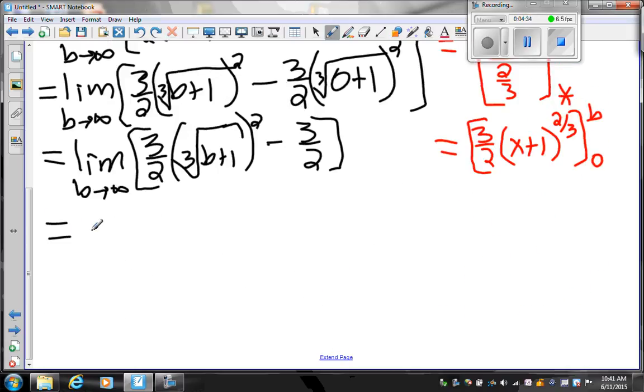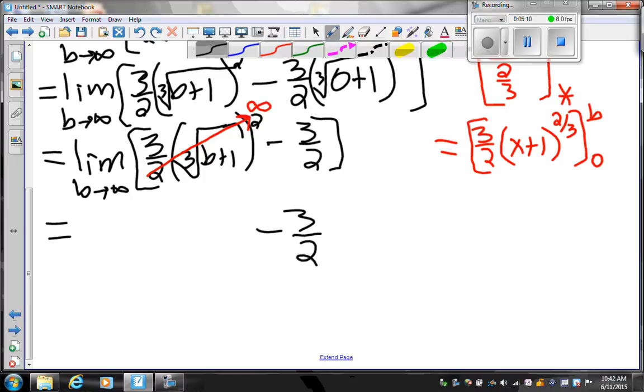Taking the limit then, of course the limit of negative 3/2 is just going to be negative 3/2. That's a constant. But the limit of this other guy, notice that as b gets larger and larger, the cube root also gets larger. And then when you square that, you get larger still. Multiplying by 3/2 is still large. So as b gets bigger and bigger, this whole term tends to go towards infinity.